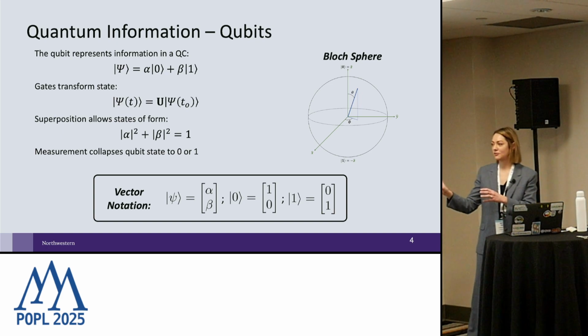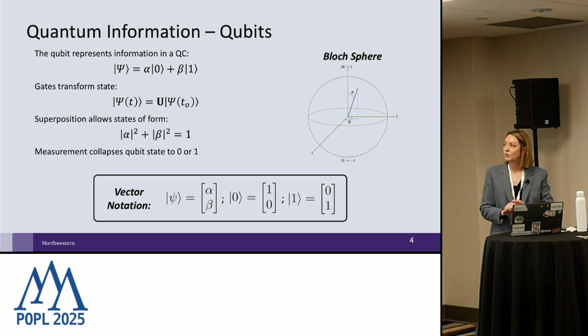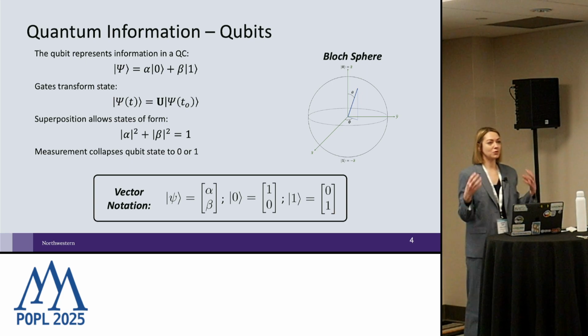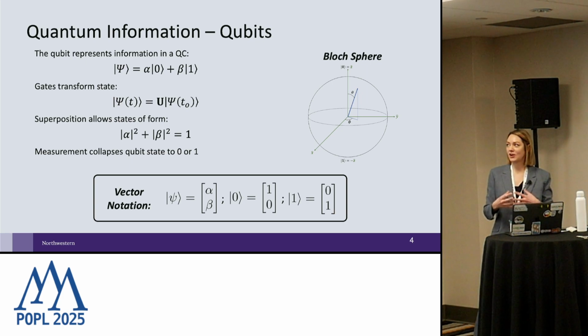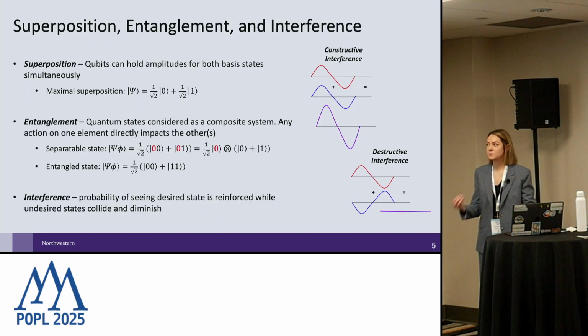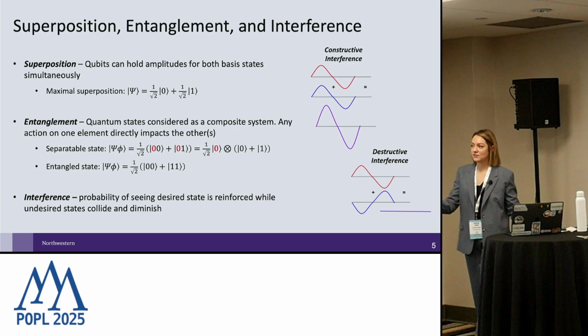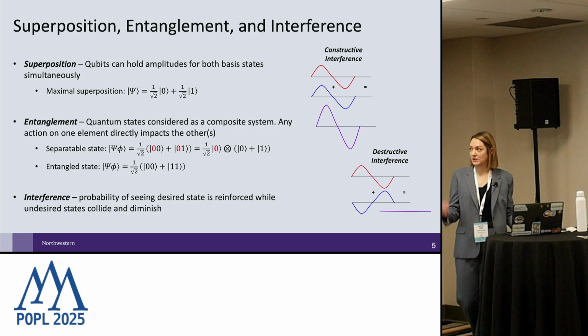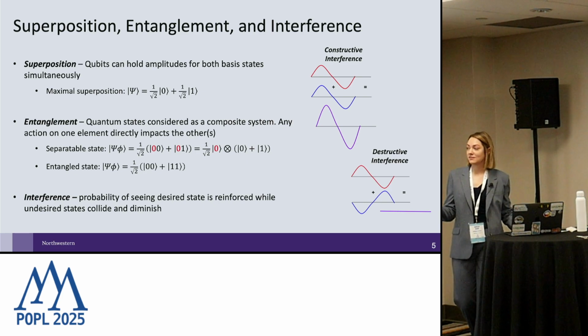So we have these really nice mathematical representations for our quantum systems, but we can see we're working with vector spaces and matrices. They explode quite quickly, and that gives us an appreciation for how we have to work with these systems much differently than our classical systems. A little bit more about superposition, entanglement, interference. These are basically the bread and butter of what gives quantum its edge and its speedup in these really exciting applications.